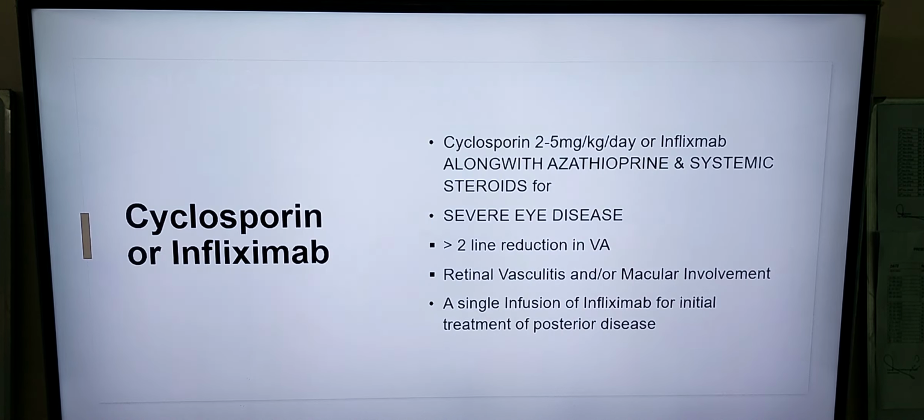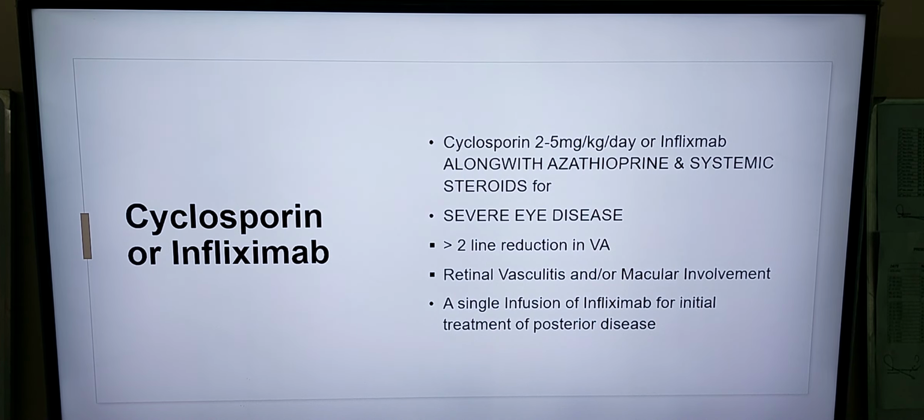So, in severe eye disease, that is two or more lines of reduction in visual acuity, vasculitis, or macular involvement, cyclosporin 2 to 5 milligram per kg per day or infliximab, along with azathioprine and systemic steroids, were postulated.